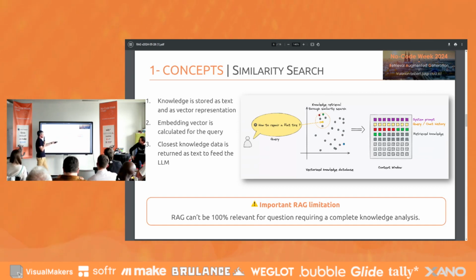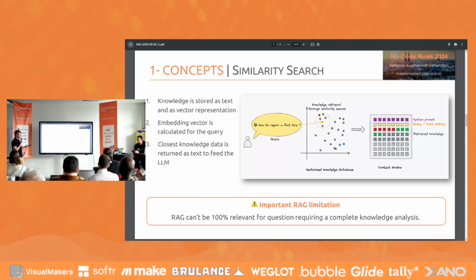And thirdly, you keep the closest items of your knowledge database, you feed them to your language model, and then your language model has the question, has some related content, and produces an answer based on the knowledge.